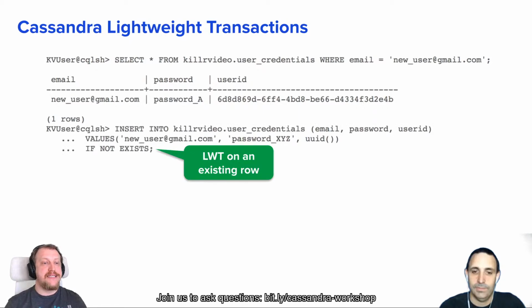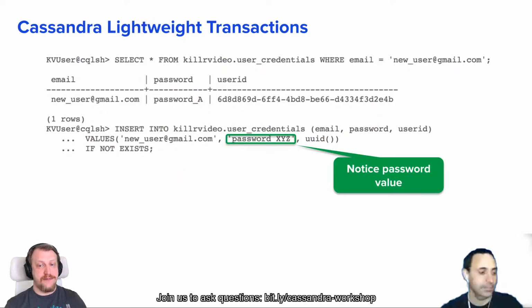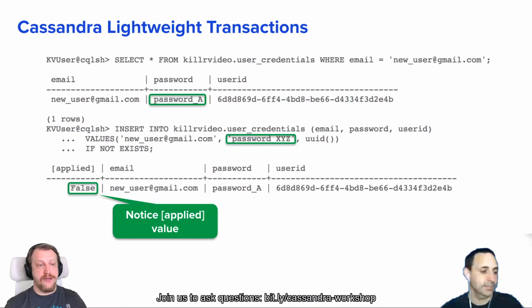Now, let's say someone tries to register using the same email. Usually, Cassandra by default uses upsert. So having the same primary key will lead to the overwriting of the existing row. So it would be the same user, but with a password not A, but XYZ, as specified in this insert. But we have a lightweight transaction, IF NOT EXISTS, and the password is different.